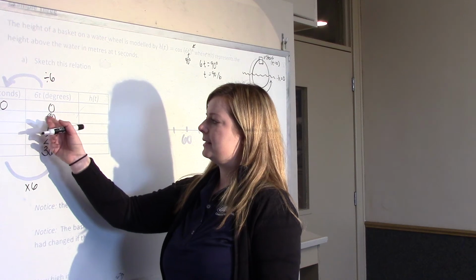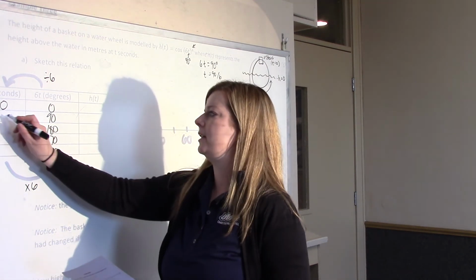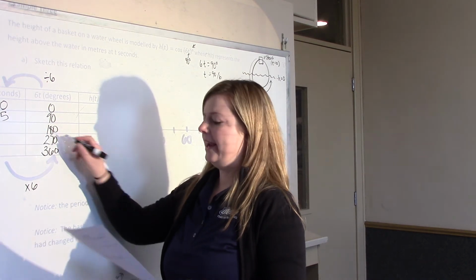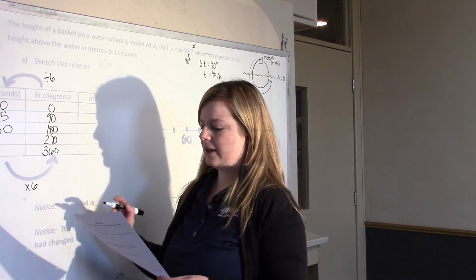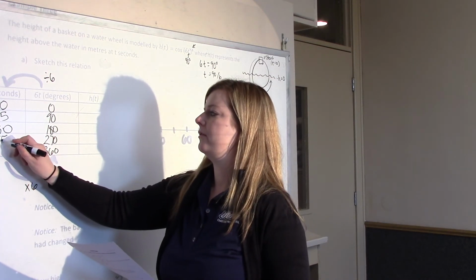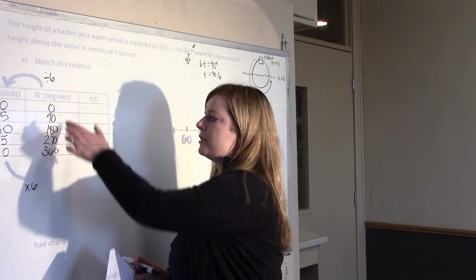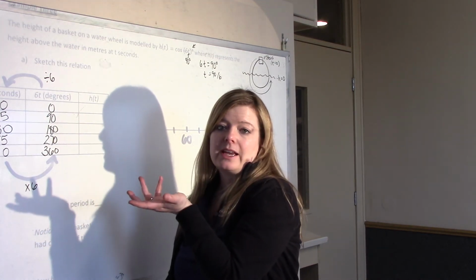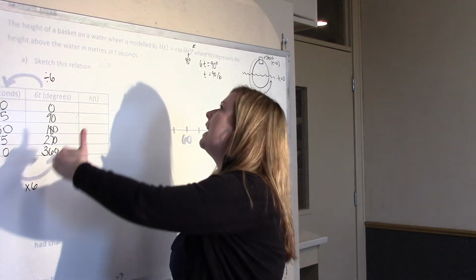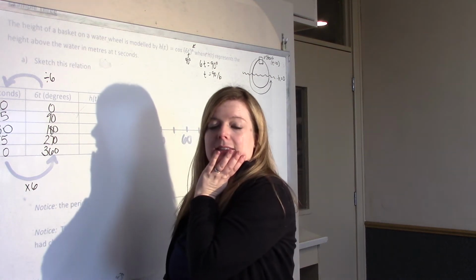So my first time is 0. My second is 90 divided by 6, which is 15. 180 divided by 6 is 30. 270 divided by 6 is 45. And 360 divided by 6 is 60. So these are the degrees, which is what the cosine function needs to be able to put in the calculator. But what the function does by putting 6t is relate that back to time in seconds.